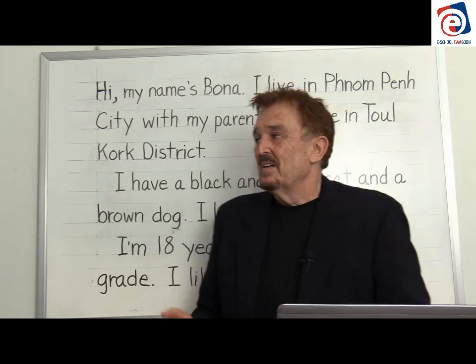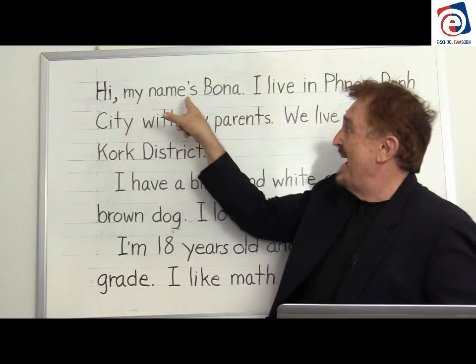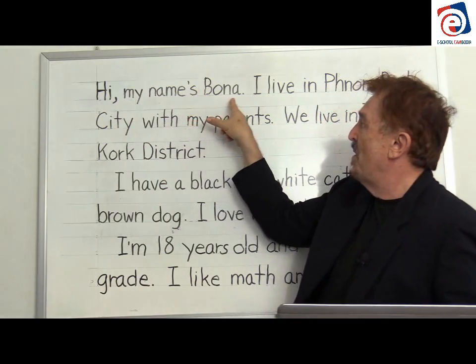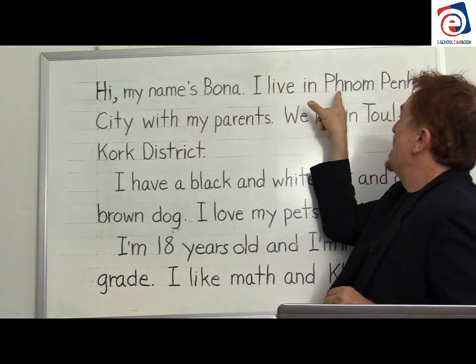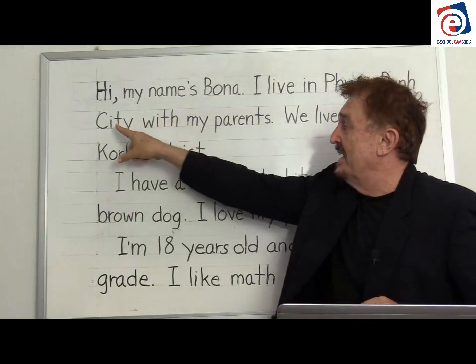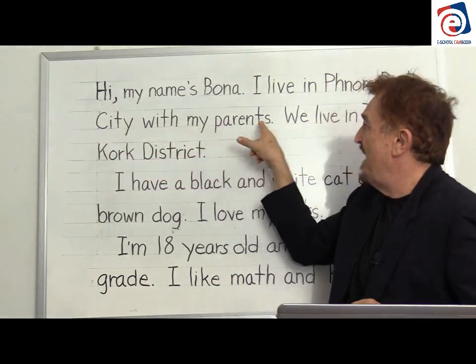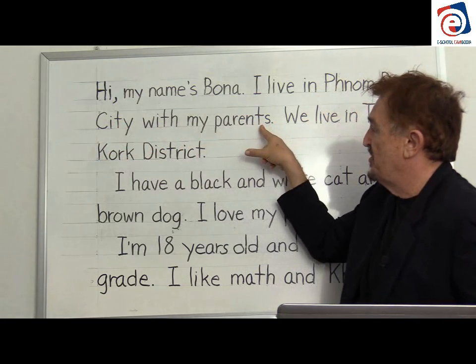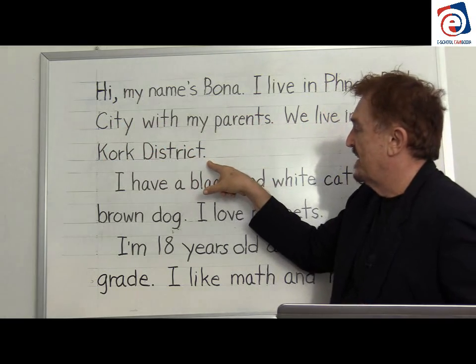So, look at this again. "Hi," comma, "my name's" apostrophe "Mona," 2 spaces. "I live in Phnom Penh City," proper noun, capital letters, "with my parents," period, close to the last letter. "We live in Tulkor district."